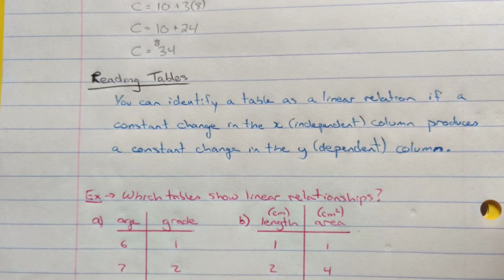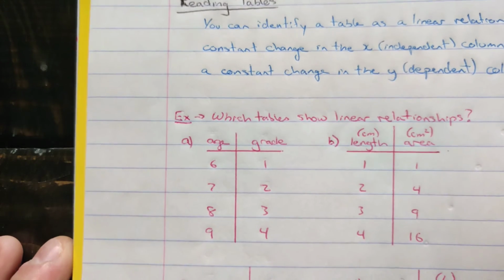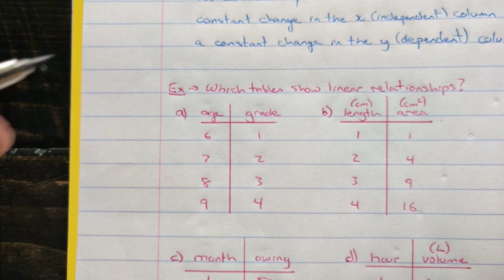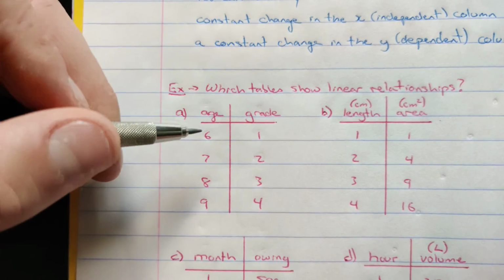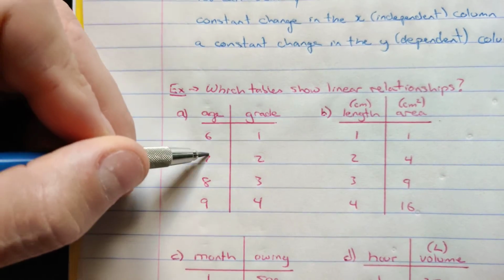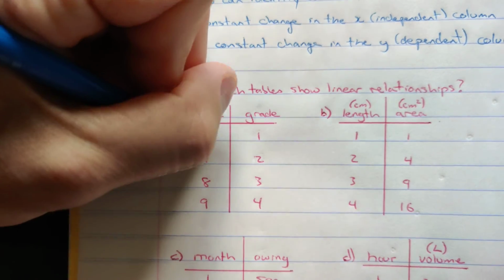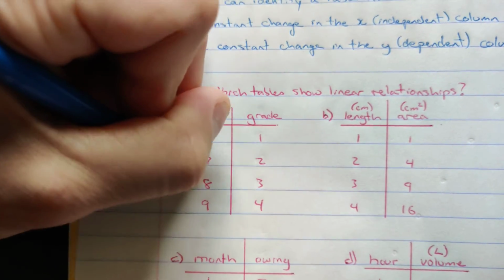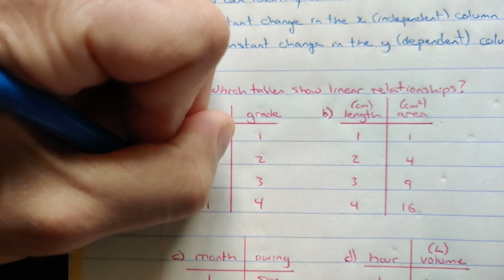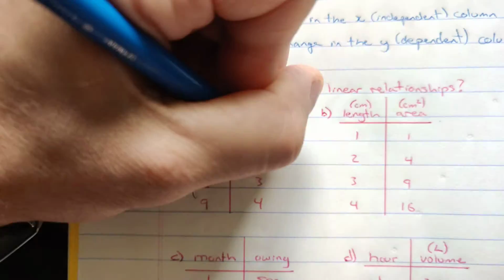For reading tables, you can identify a table as a linear relationship if there's a constant change in the x column that produces a constant change in the y column. So when I say constant change, I mean it's going up by the same amount each time. So if we look here, 6, 7, 8, 9, it's going up. These are all plus 1, plus 1, plus 1 each time. And these are going up plus 1, plus 1, plus 1.